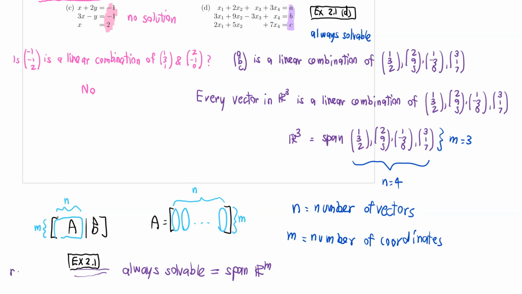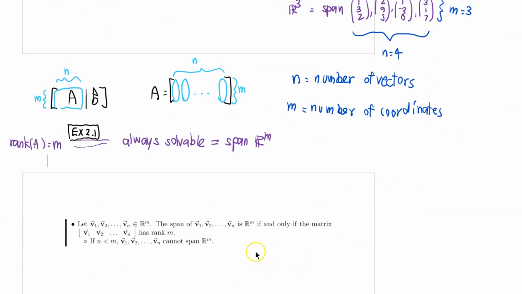Whenever the rank of my matrix A equals m, I can guarantee that all these little vectors automatically span R^m. Whenever I have n vectors, I can use them to form a matrix A, like we did up here. If the rank of this matrix is m, then I can guarantee that all these vectors span R^m.